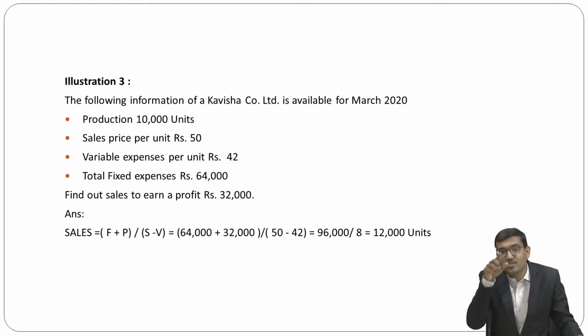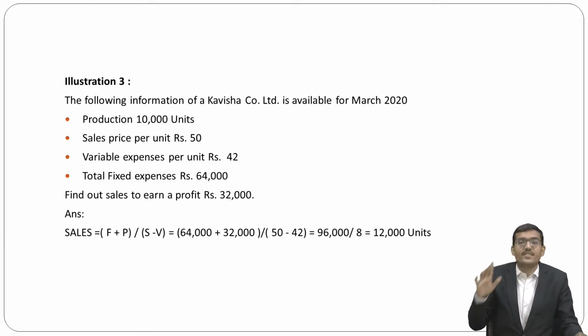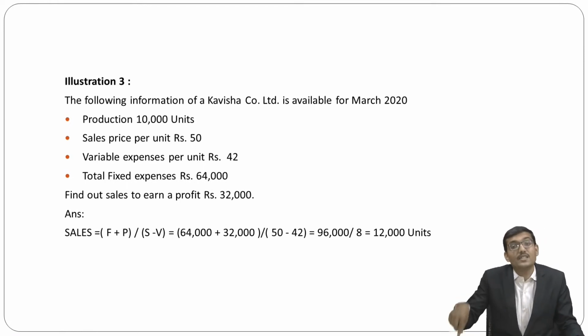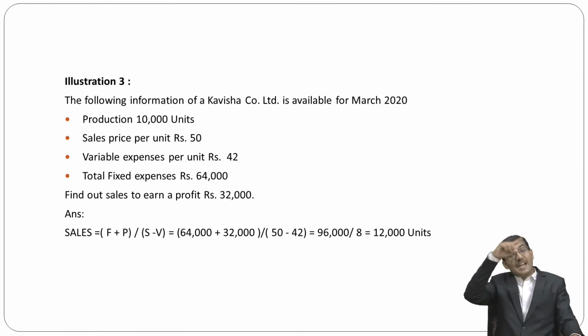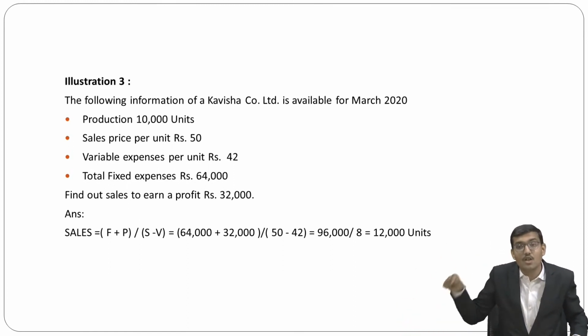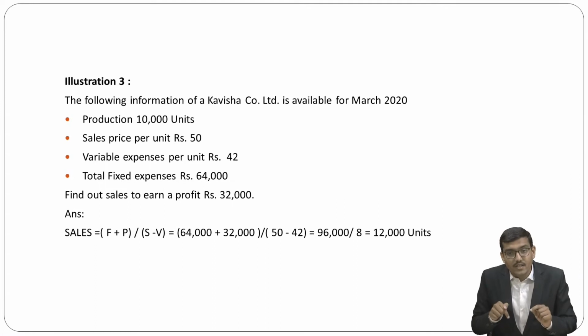Now what is fixed cost? Fixed cost is given as 64,000 plus profit. Profit is also given, that is sales at a desired level of profit 32,000. So we consider profit 32,000 here.